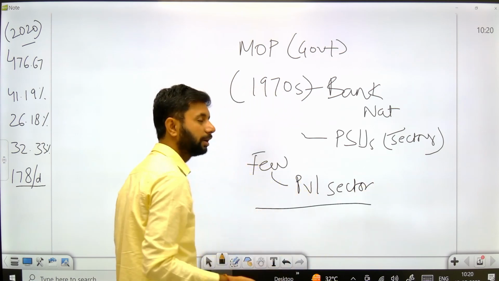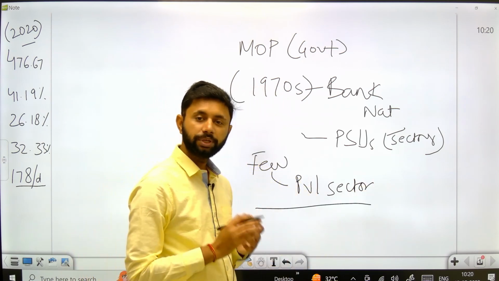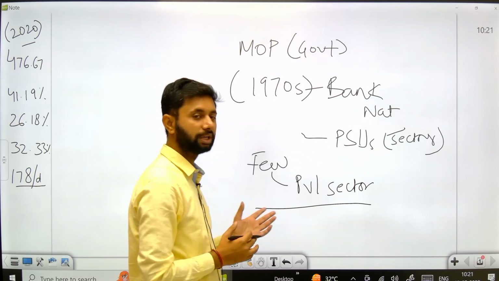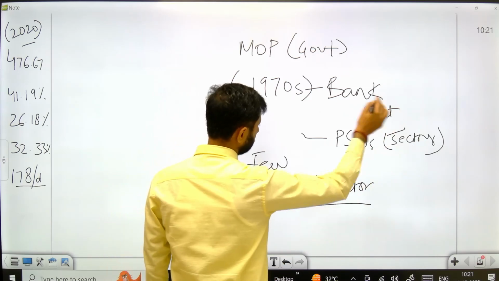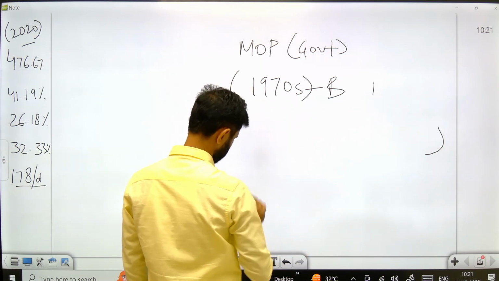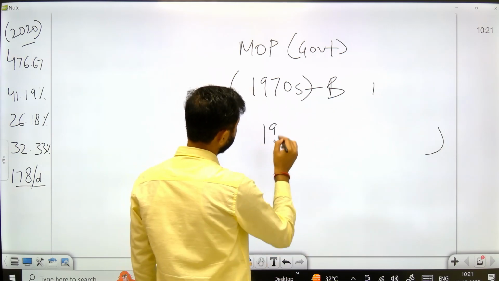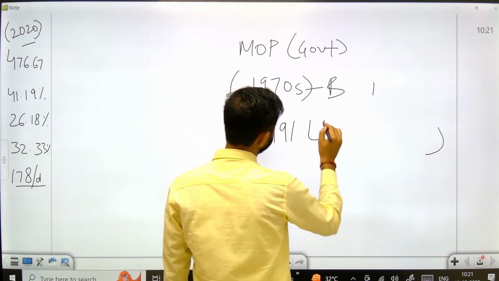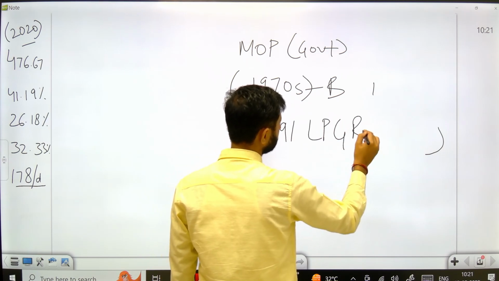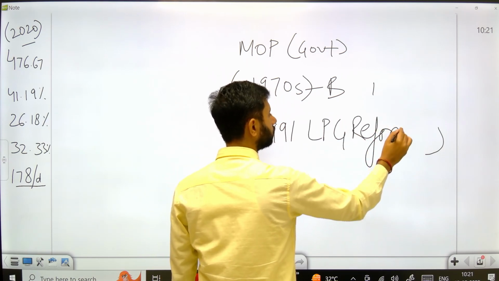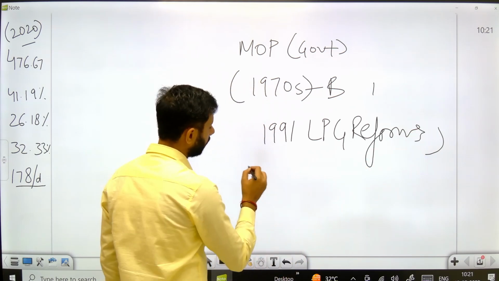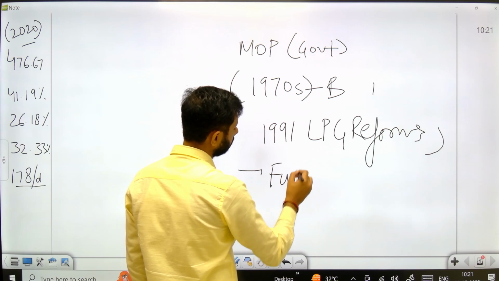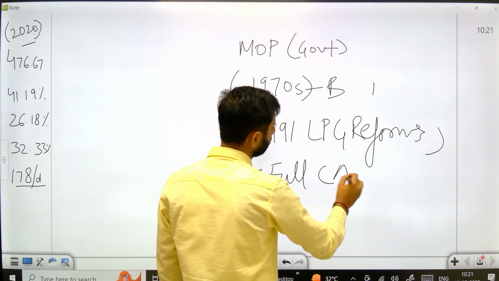So at that point of time, industrial relations were more of a socialist system that we have discussed earlier. But after the 1991 LPG reforms, the economy started to open. We had done full current account convertibility.